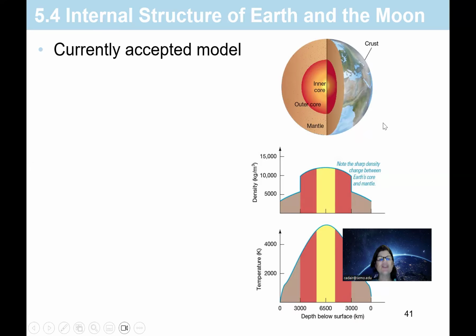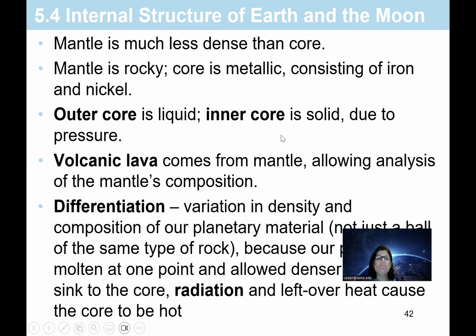Because it was molten, the heavier stuff has fallen to the center. So the mantle is much less dense than the core. The mantle is rocky. The core is metallic, consisting of iron and nickel. The outer core is liquid. The inner core is solid due to the pressure.